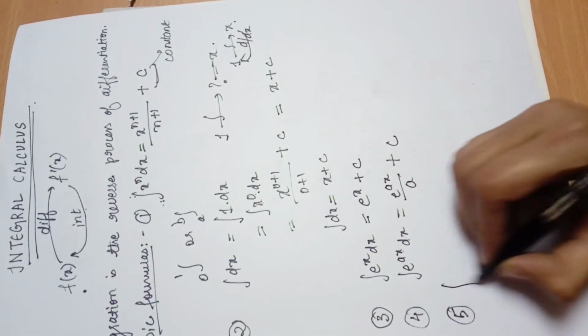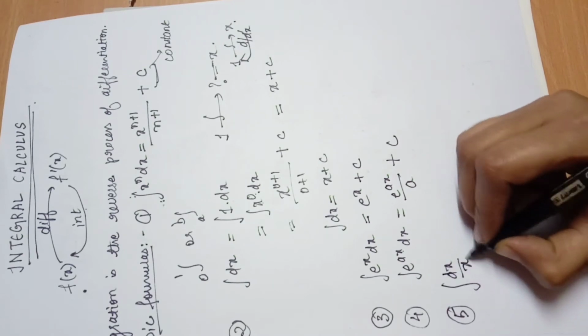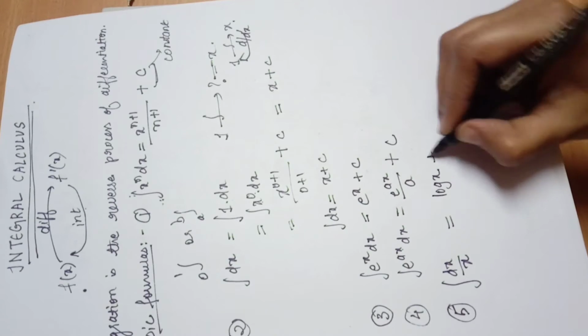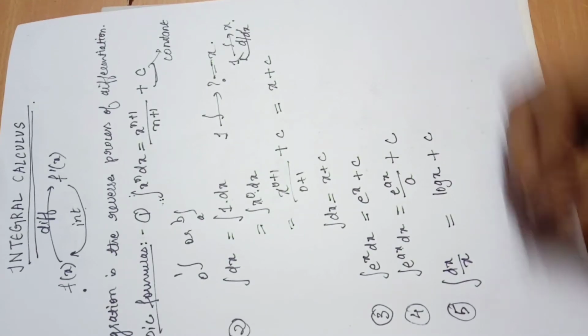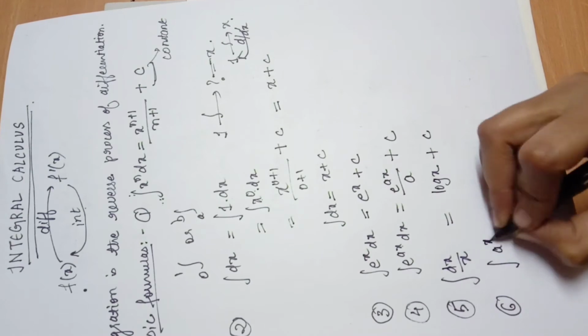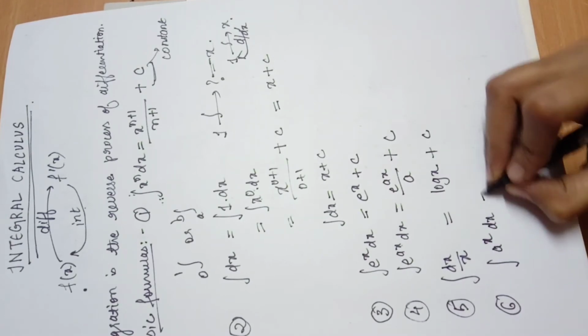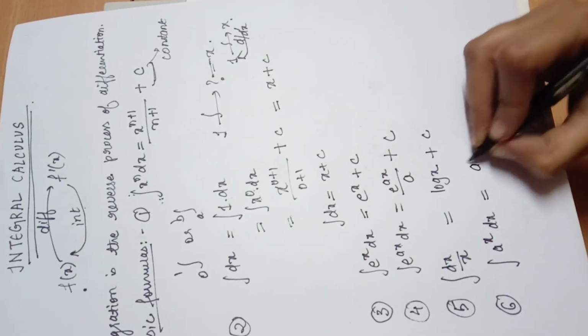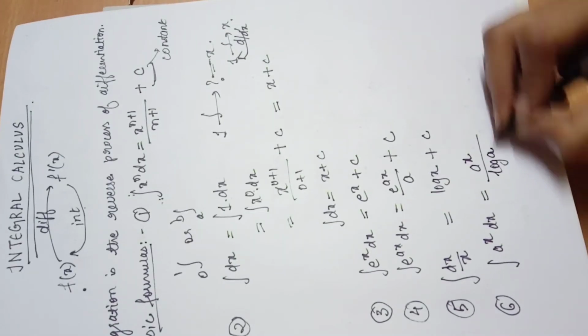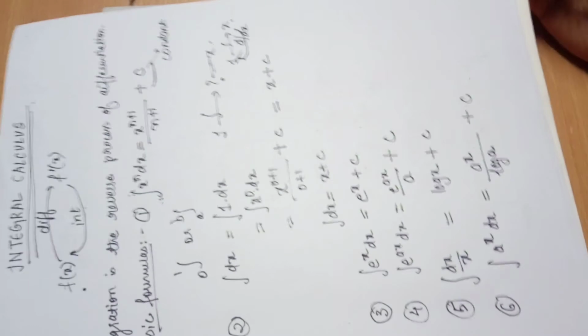Next rule is dx by x. So this is log of x plus c. Next rule, a to the power x dx. For this, it is a to the power x divided by log a, plus c.